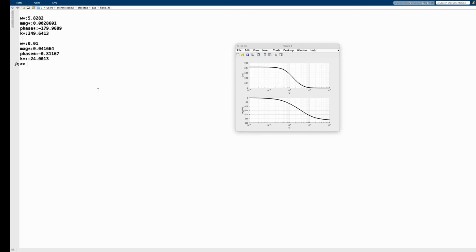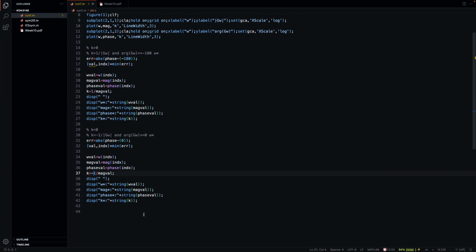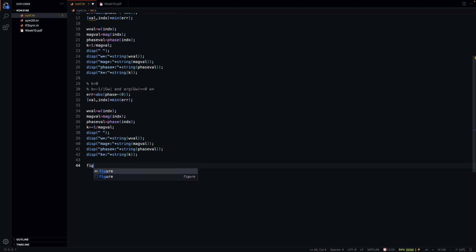Now, what we can of course do in order to validate this is just plot some root locus here. Let's actually do it using a subplot, and then the negative root locus on the second plot.